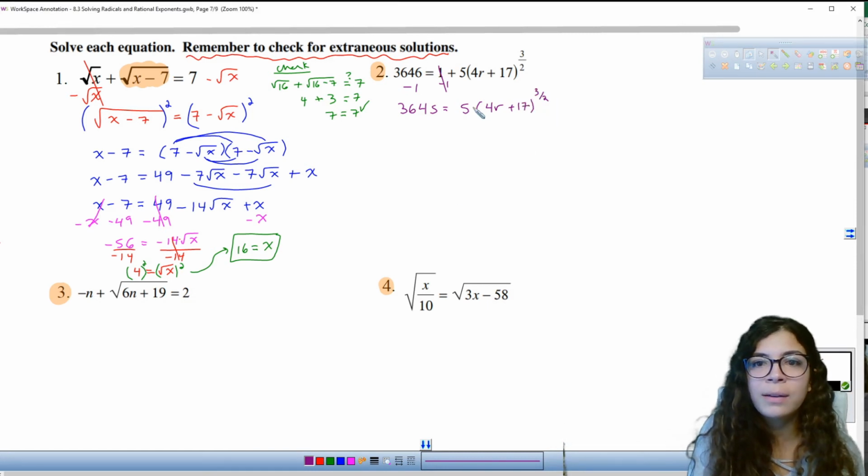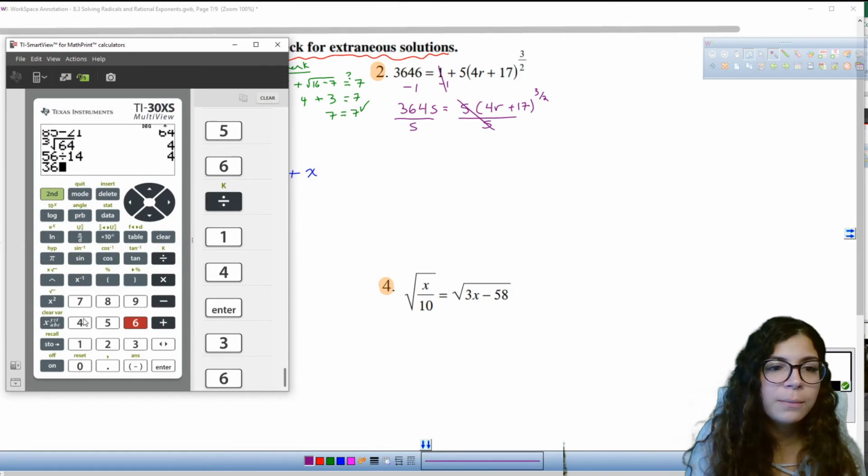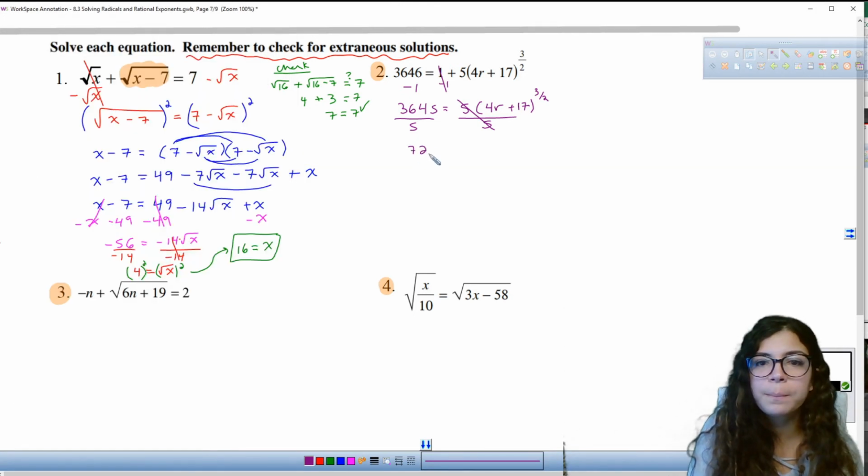Now, we still don't have this fractional exponent expression isolated. So I'm going to divide by 5 to get it by itself. 3645 divided by 5 is 729.